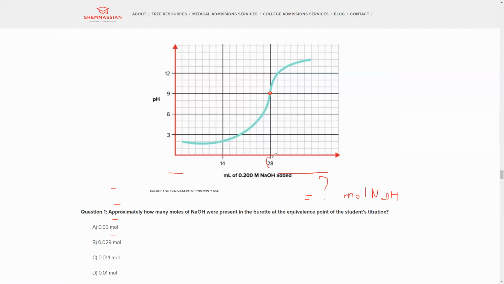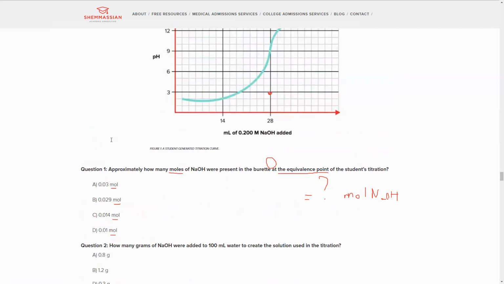Right. On our x-axis, we have 28 milliliters of 0.2 molar NaOH. Okay, so let's look at that. We have 28 ml times 0.2 molar, and molar is moles of NaOH per liter.